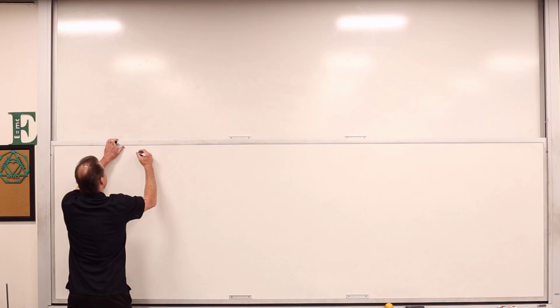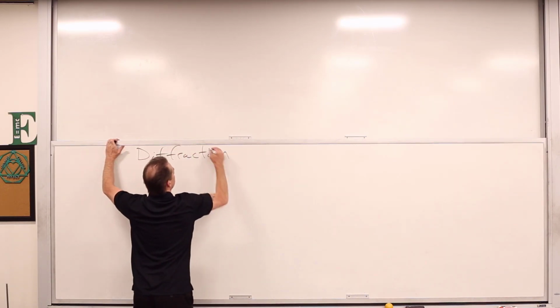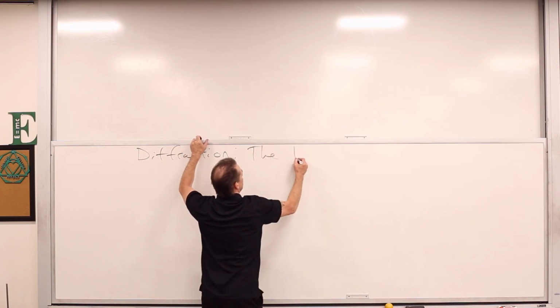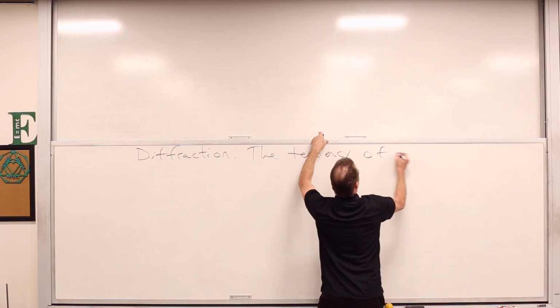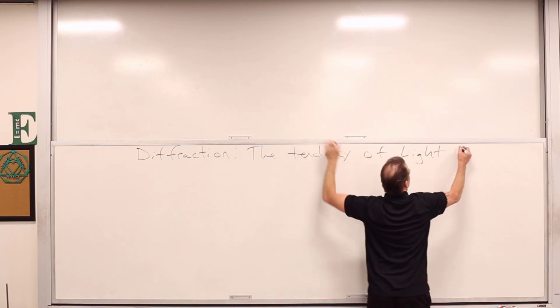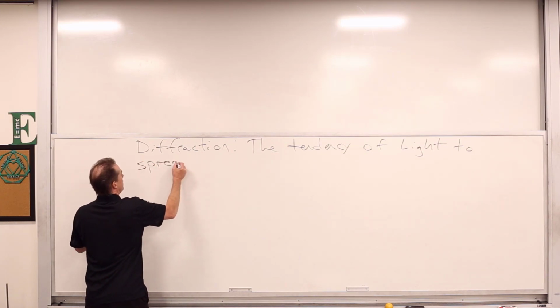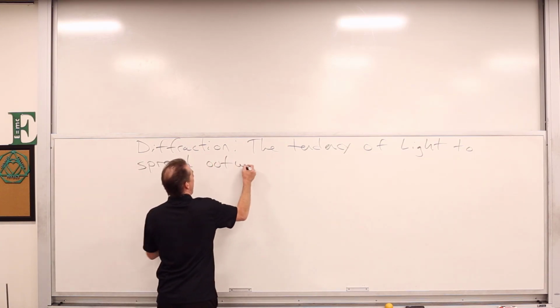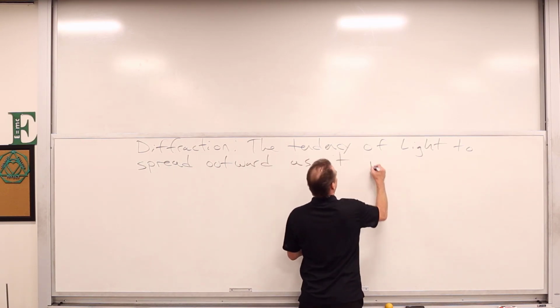So diffraction is the tendency of light to spread out, say outward, as it propagates.